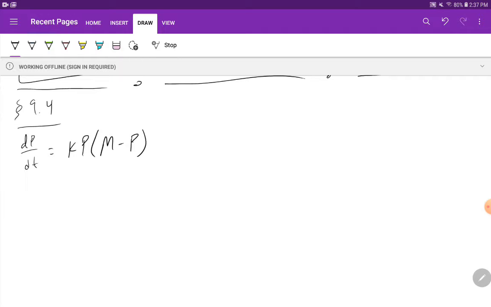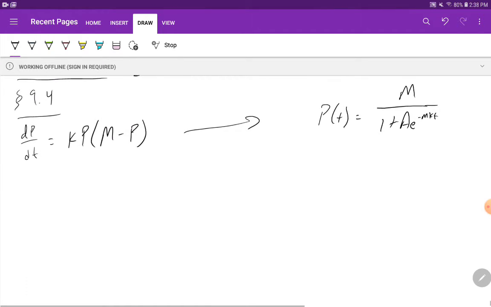We said it came from the exponential formula, but with that limiting factor, this M - P. Well, how does this get to M/(1 + ae^(-Mkt))? Oh my gosh, right? How does that become that? Well, we can actually prove it, and it's going to take up some space, so you've been warned, all right?